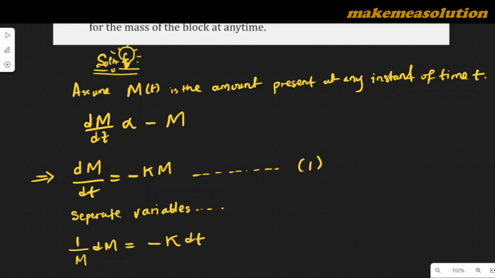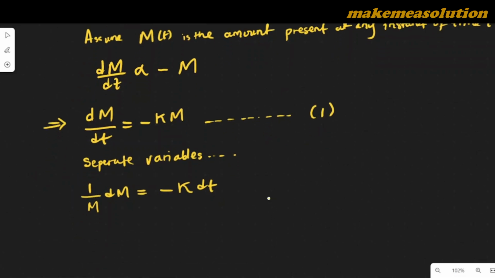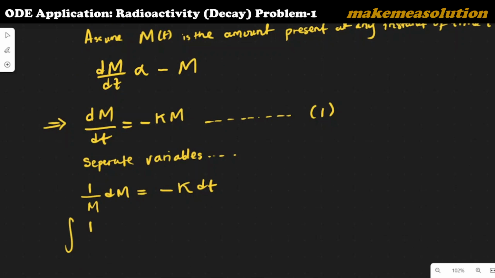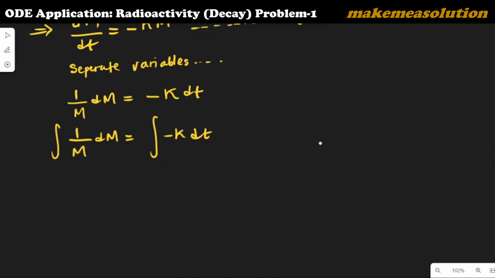So we'll take the antiderivative of both sides. The integral of 1 over m dm is equal to the integral of minus k dt. If you carry out this integration, you're going to get natural logarithm of m on this side is equal to negative kt plus c.